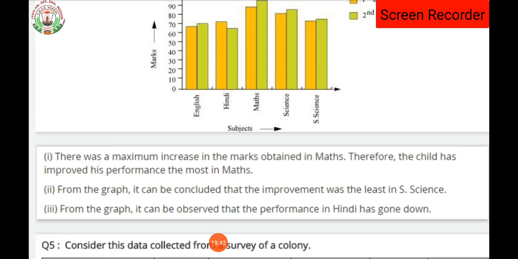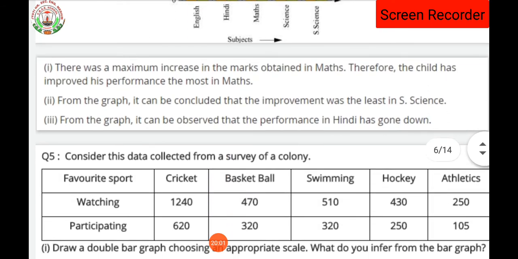From the graph it can be observed that the performance in Hindi has gone down. So this is the question, and this is the answer which I had already explained to you while teaching the question.